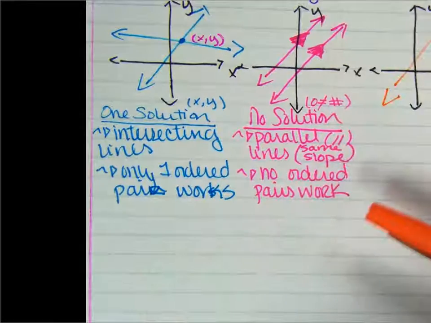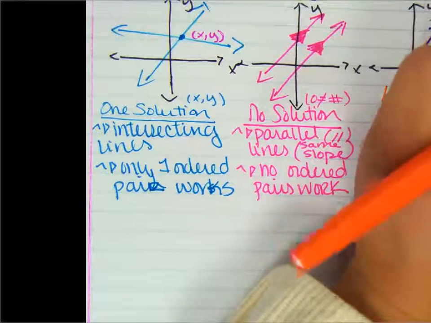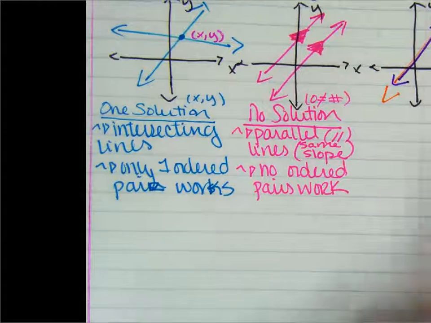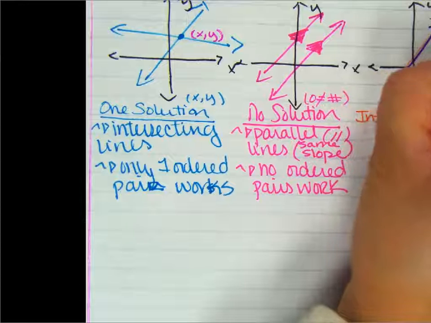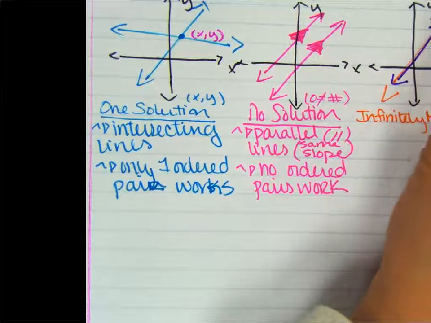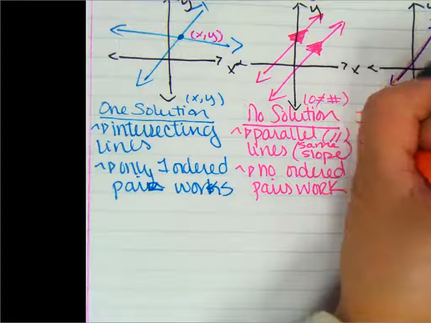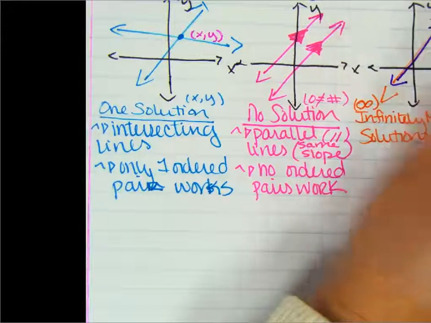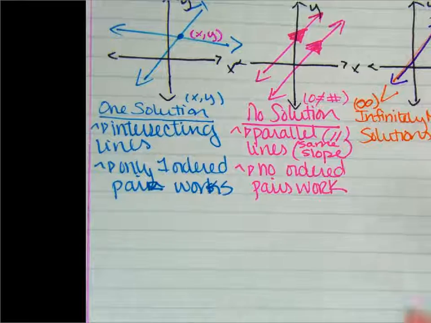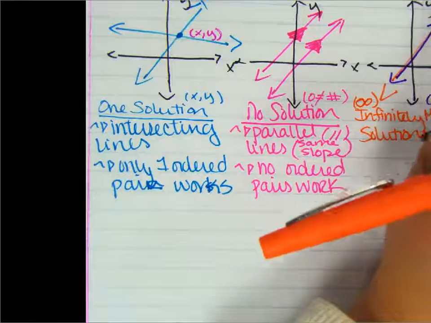And the last one looks something like this. It's infinitely many solutions. Instead of writing out the word infinitely, you can put the infinity sign. Infinitely many means you get 0 equals 0.